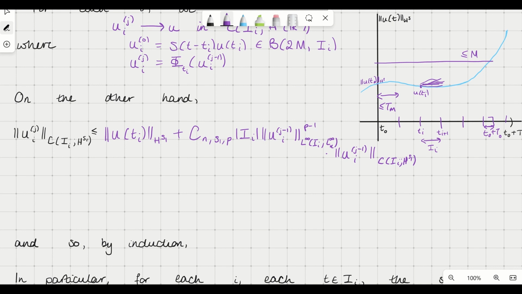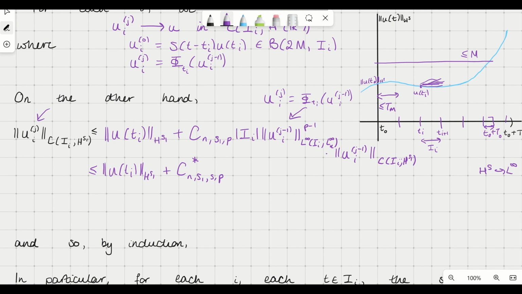And I've used here that u_i^j is phi of u_i^{j-1}, which is why we've got u^{j-1}s appearing on the right hand side and u^j on the left hand side. So then to bound this, as I said, we use the embedding of H^s into L infinity. So this initial data part stays the same. We have some new constant which is going to depend now also on s, because we're going to use the embedding of H^s.